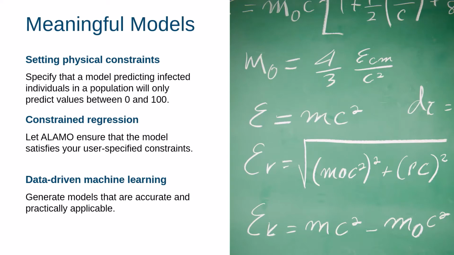Alamo uses such information provided by the user in the model building process to ensure that the models returned satisfy constraints specified by the users. This truly unique feature in Alamo, termed constraint regression, ensures that the models are meaningful and practically applicable. This incorporates the best of both worlds, domain expertise and data-driven machine learning.